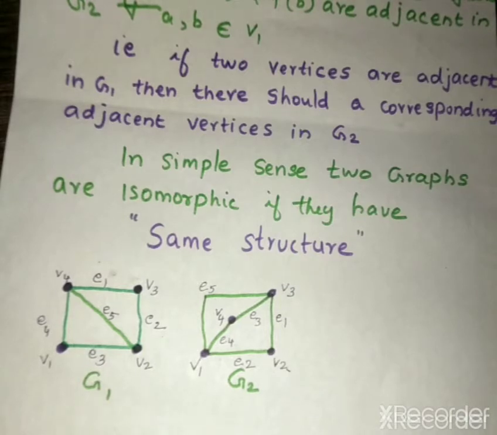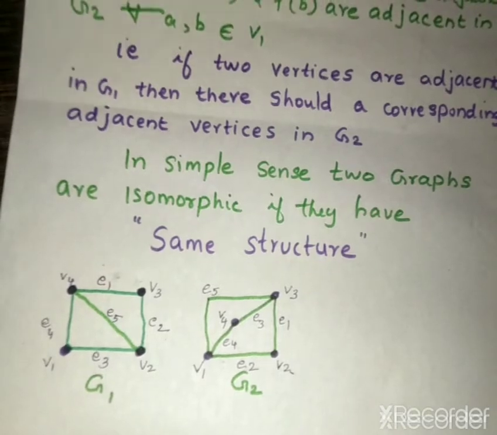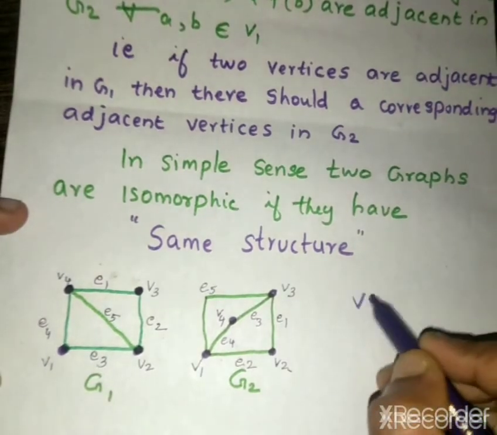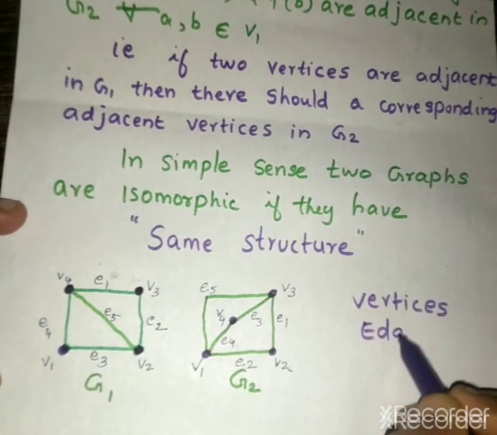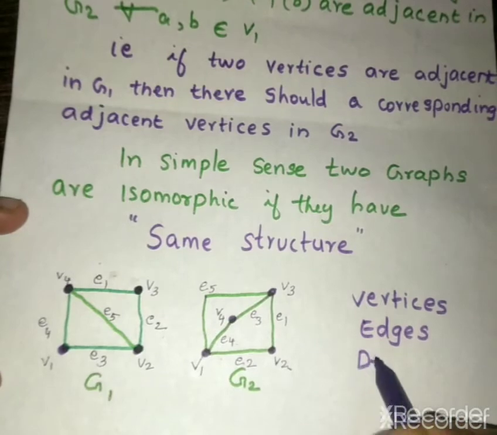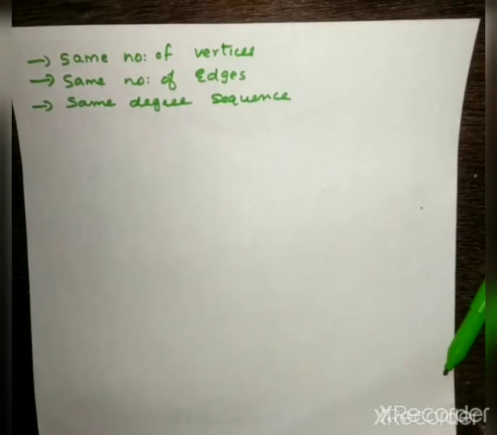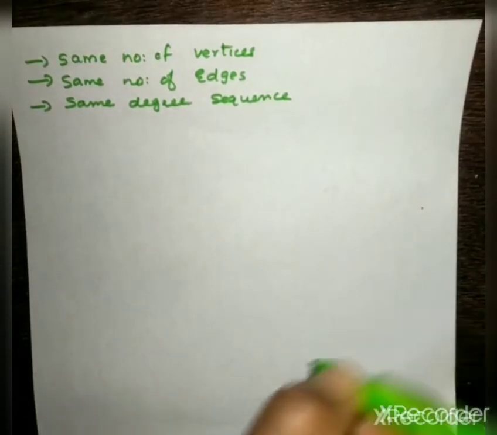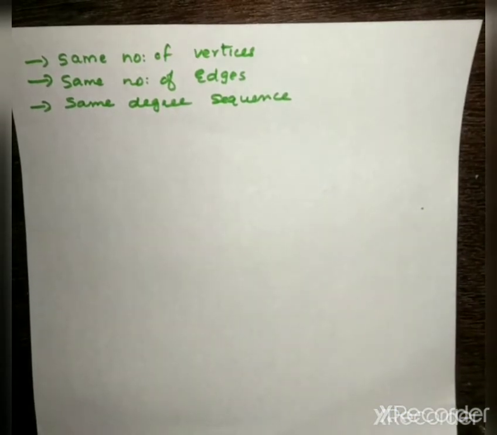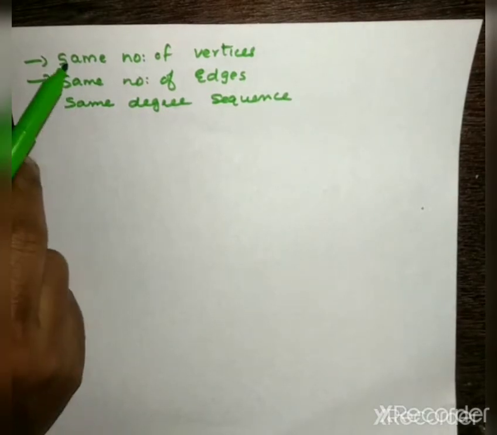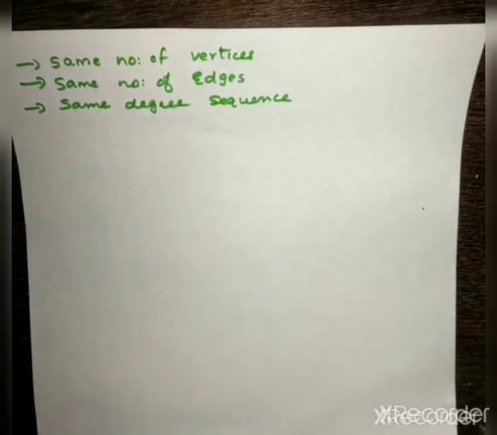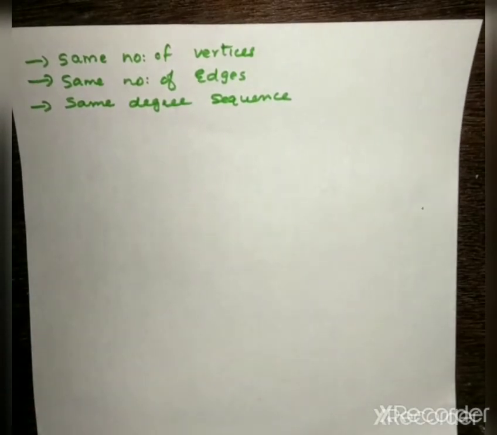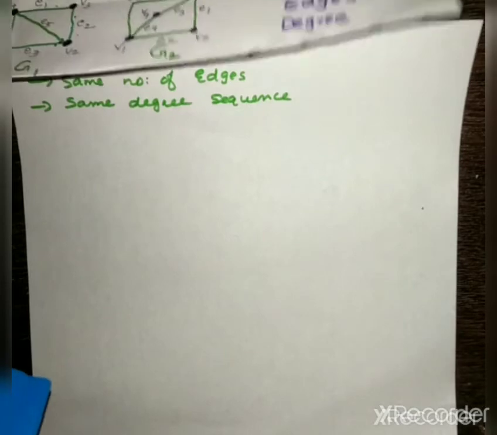For checking the structure, we have to consider the number of vertices, the number of edges, then the degree of each vertex. So, for checking isomorphism, what are the conditions? Both graphs should have the same number of vertices, the same number of edges, and the same degree sequence. So, let us check the given graphs for isomorphism.